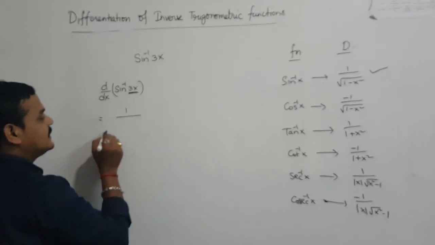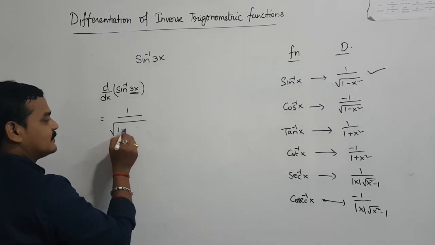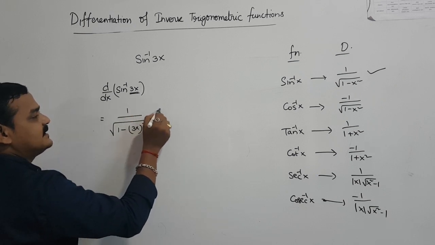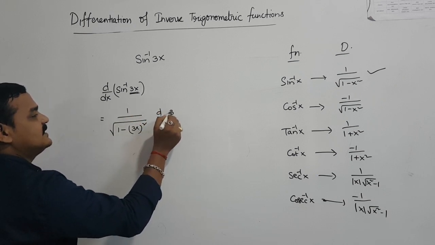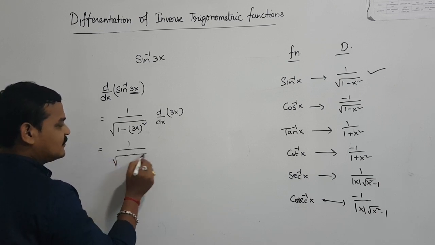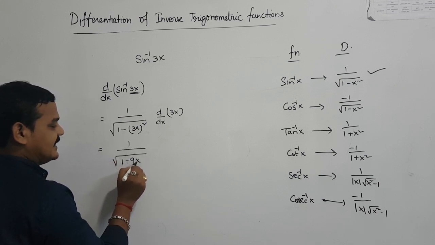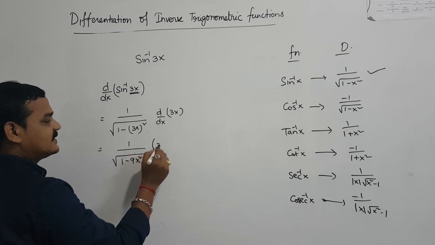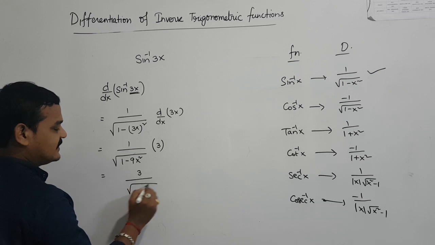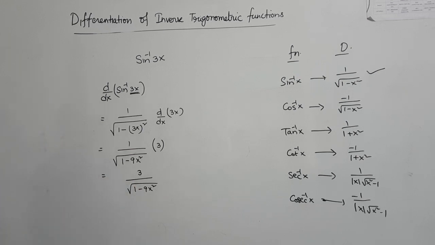So 1 by root over 1 minus 3x whole square into d by dx of 3x. So what will happen finally? 1 by root over 1 minus 9x square into the derivative of 3x, which is 3.